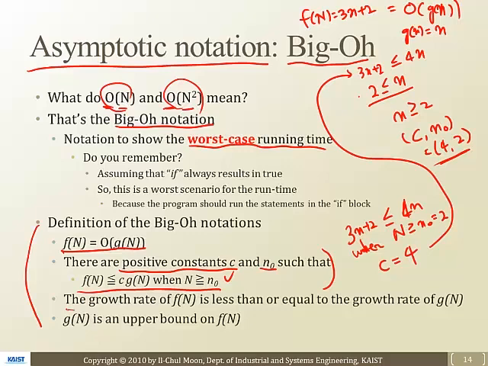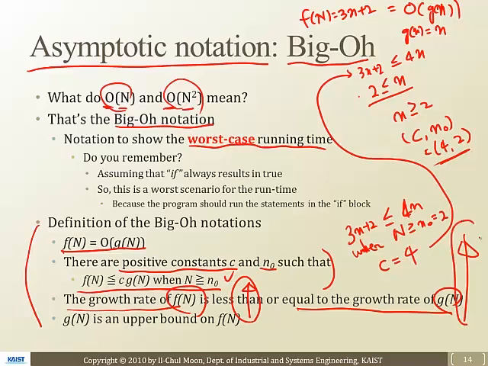So the growth rate of f(n) is less than or equal to the growth rate of g(n), right? So f(n) grows slowly compared to g(n), right? So g(n) grows much faster and f(n) grows a little slower, right?